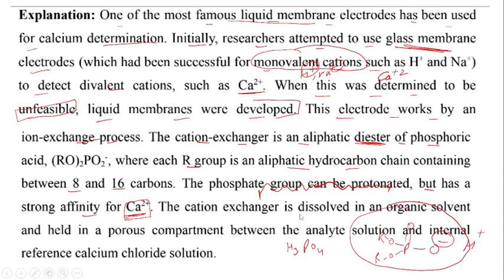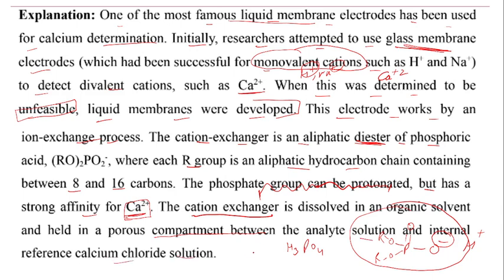The cation exchanger is dissolved in an organic solvent. So what is the cation exchanger? This one, the diester derivative of phosphoric acid. It will be dissolved in organic solvent and held in a porous compartment between the analyte solution and the internal reference calcium chloride solution.